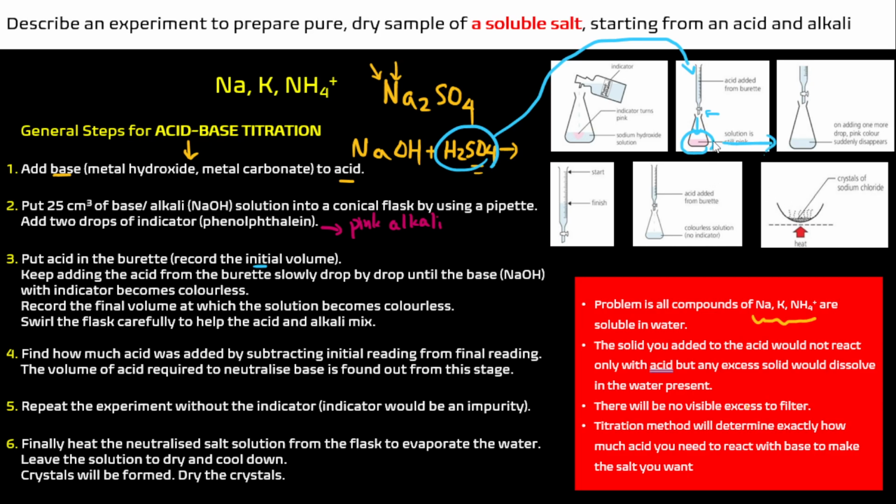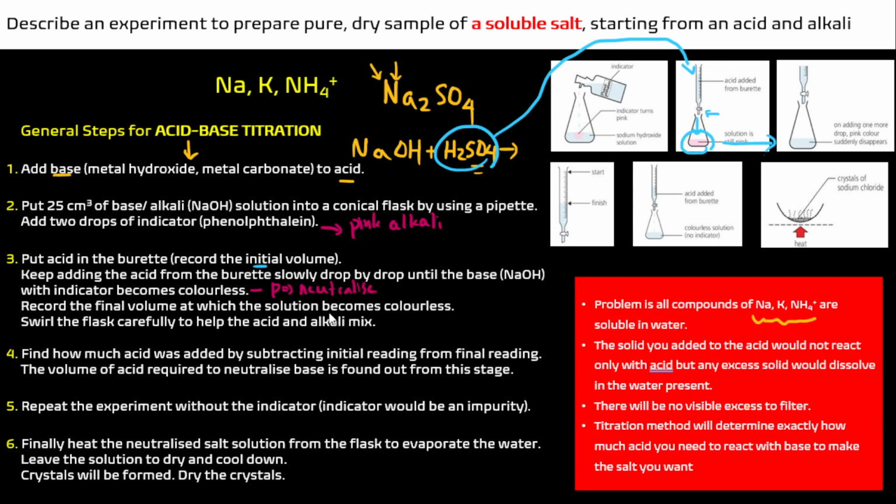When it goes from pink to colorless, we know that our acid and base have been neutralized. It becomes colorless because, remember, phenolphthalein, when it is neutralized, gives you colorless.